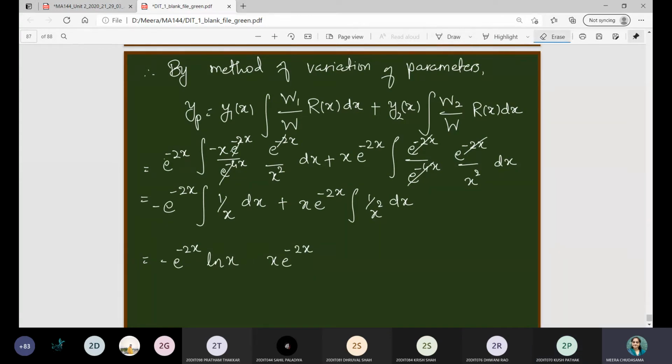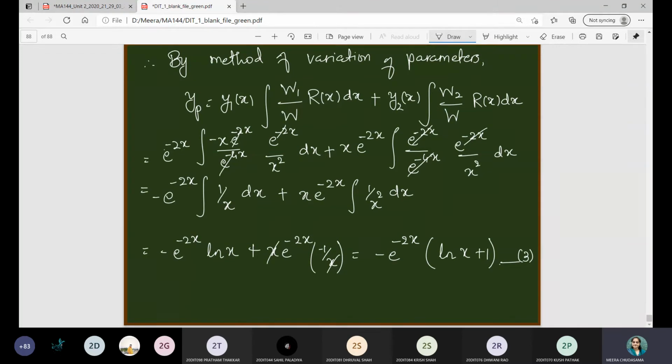So I will consider negative sign over here, right? Or you can consider it here also. So x gets cancelled. So I can write it as minus e raised to minus x. If I consider common from both of these terms, then it is ln x plus 1. Right? So this is the particular integral. I will give this as equation number 3.